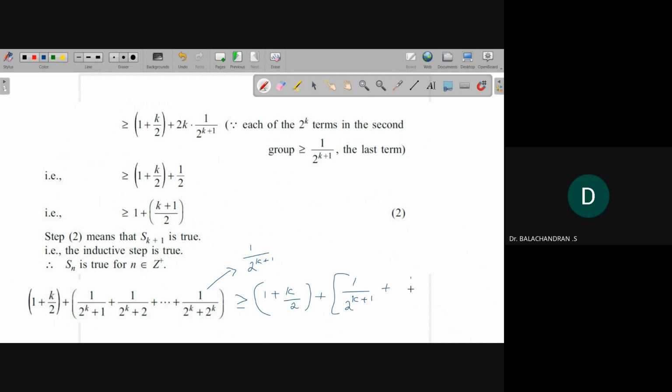So each term I am going to replace by 2 power k plus 1. Plus 1 by 2 power k. Or if you have a problem, then you can write it like this.